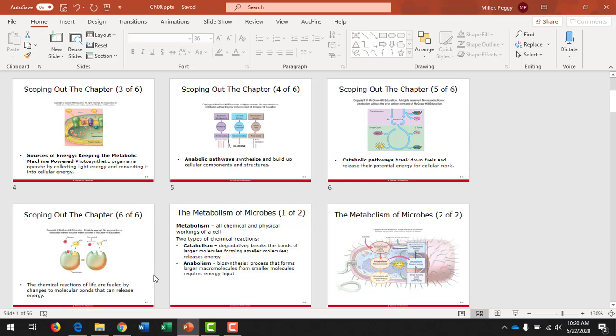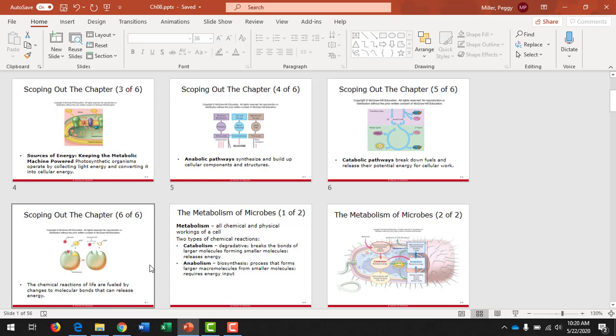And it's going to be talking about how we get energy, how do we get ATP from breaking things down, and specifically how do we break down sugar, like glucose, to get a lot of ATP. So we're going to talk about glycolysis and the Krebs cycle and electron transport chain.